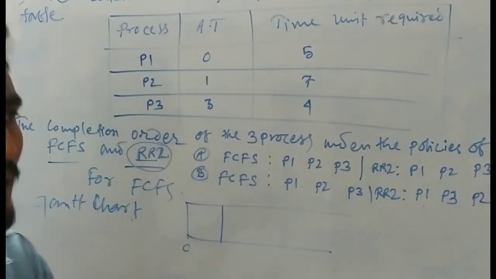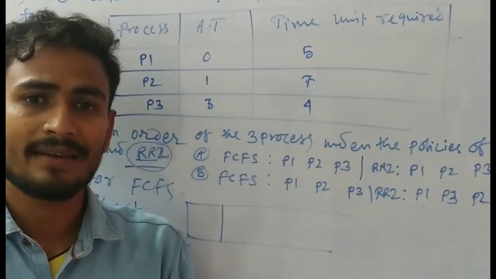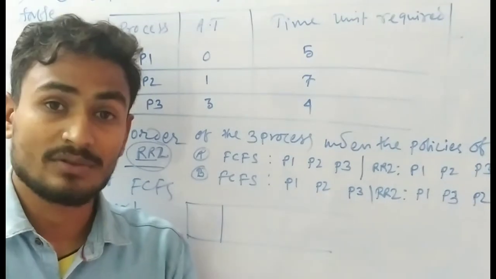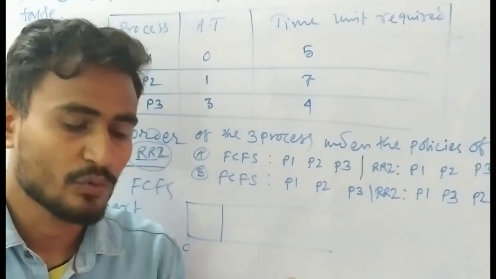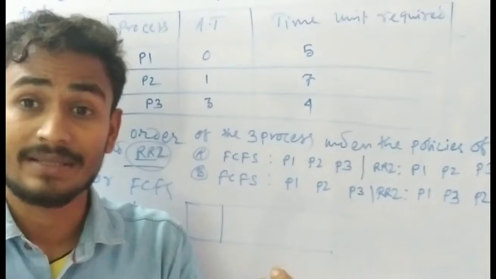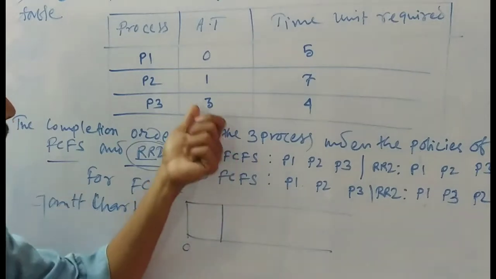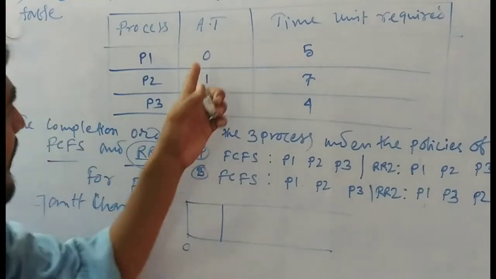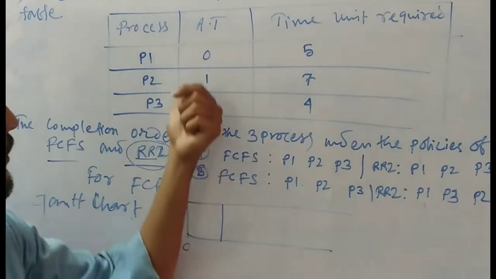Like an example for simplicity, you go to the bank, and the bank manager serves the person who came first: first come, first served. At 12 o'clock, how many persons have entered the bank? Similarly, in arrival time, how many processes have arrived at time 0? There is one process present at time 0, and that is P1.